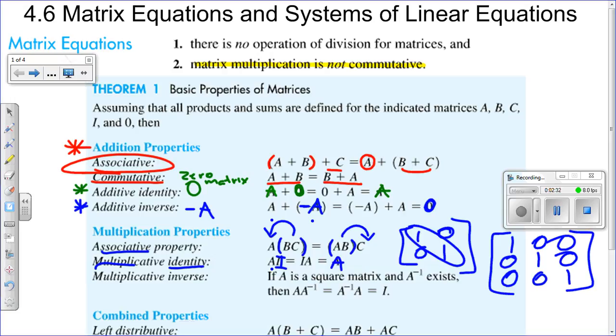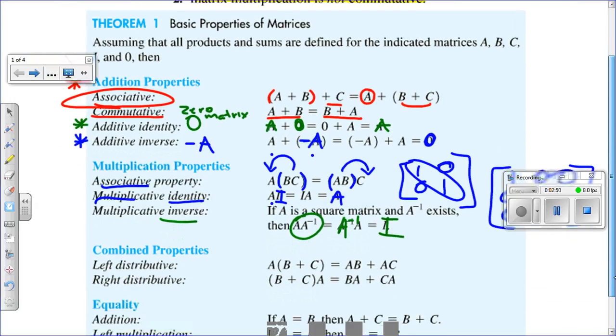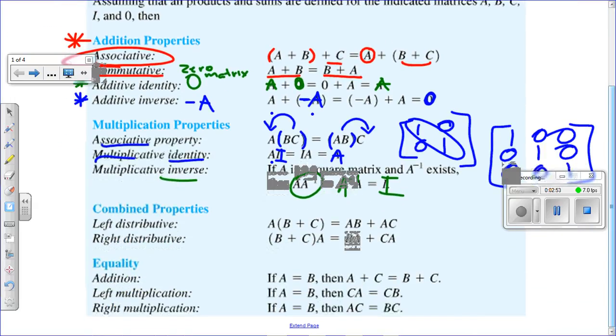Now the multiplicative inverse, that's the one with this notation. It looks like the exponent. The idea is that if you multiply a matrix times its multiplicative inverse, you will get the identity. And in that case, that one is commutative, only that one. Then we have here combined properties. That's if you combine addition with subtraction.